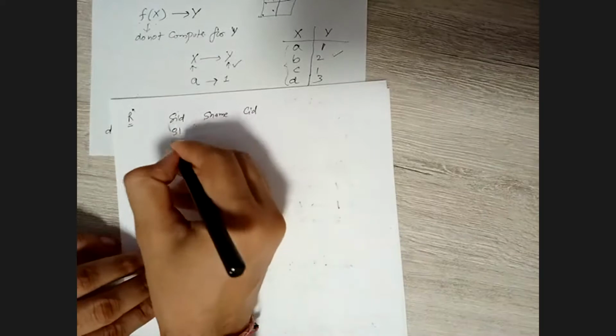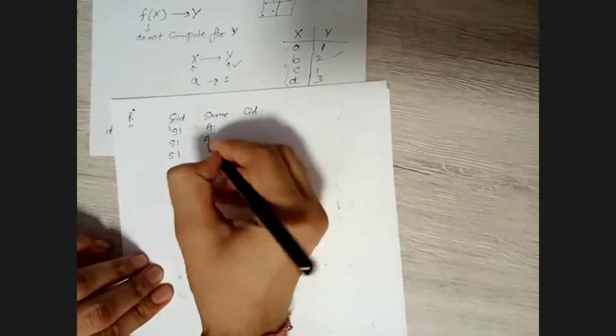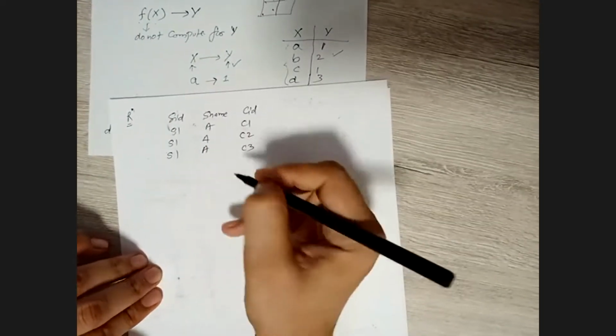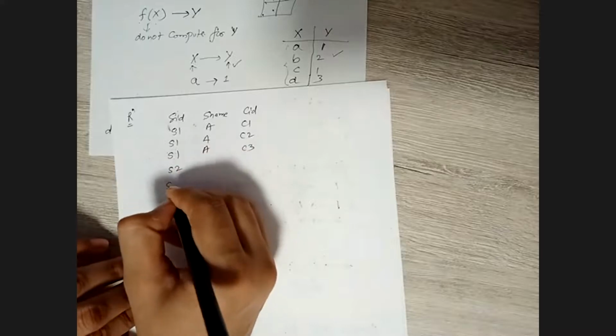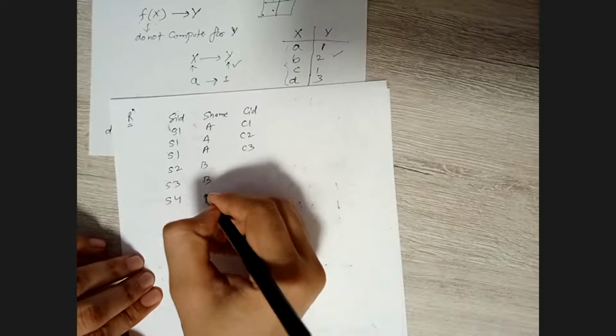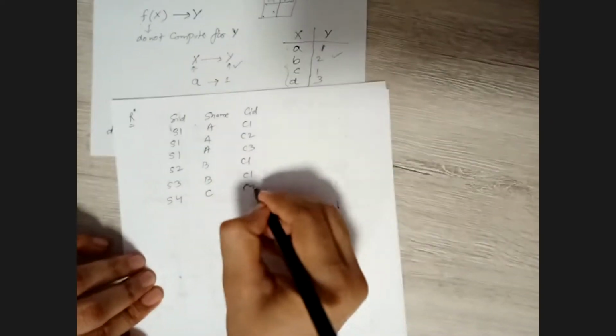Now the values are something like this: S1, S1, for example with the same value A, and let me take different CIDs. Then S2, S3, and S4 with some values, then B and C, and C1, C3.